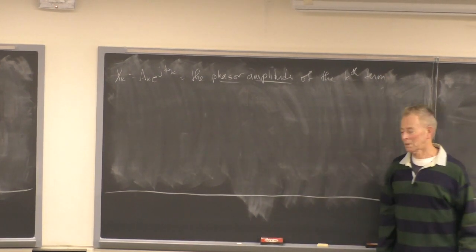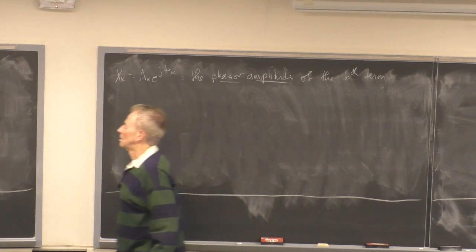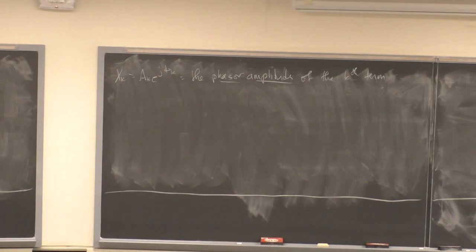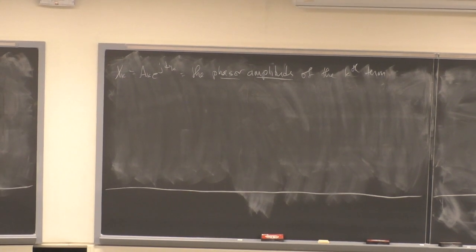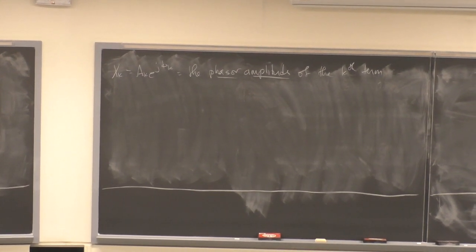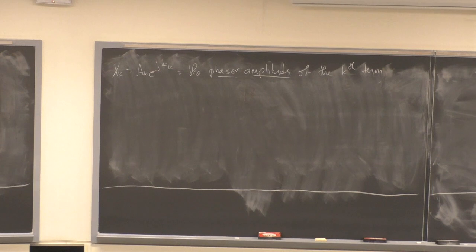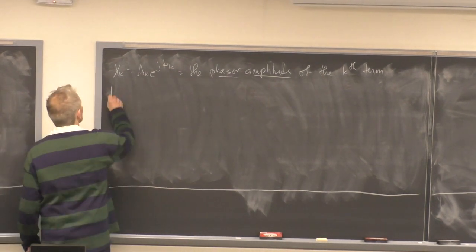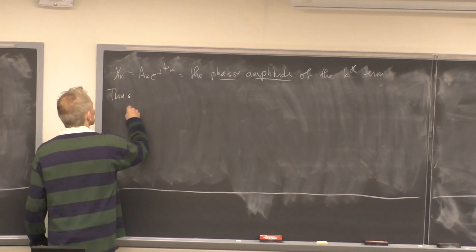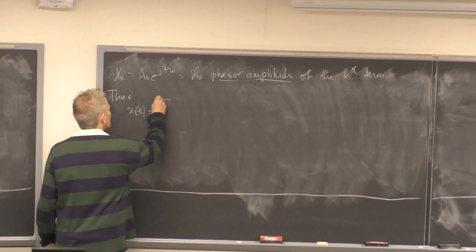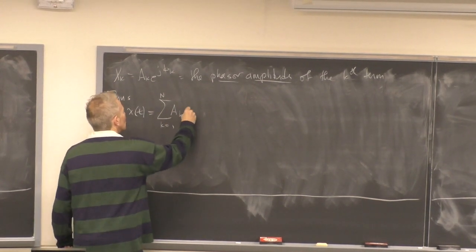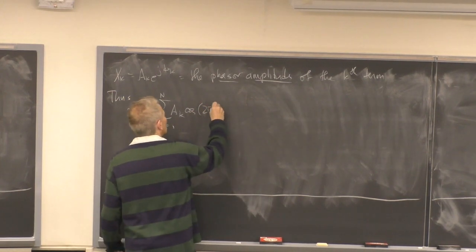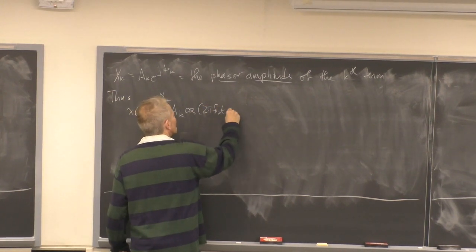Okay? And if I rewrite every term in terms of its phasor amplitude by writing it as real part of xk e to the j 2 pi f0t, what happens for x of t? So x of t is going to be the sum from k equals 1 to n of ak cosine 2 pi f0t plus phi k.